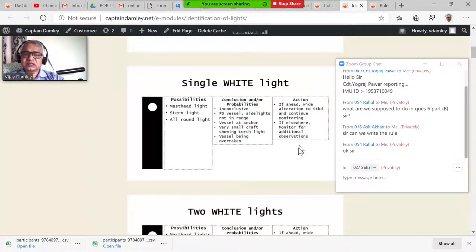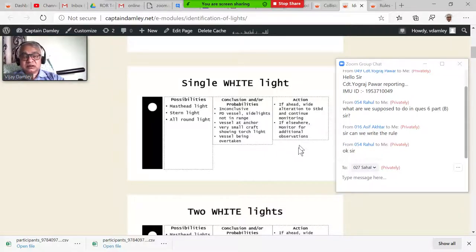You are not going to see side light colors like red or green when you are looking at stern light. With masthead light, you can see color combinations. Now these are sector lights. Then you have other lights like not under command, restricted in their ability to maneuver. Those are all-round lights. That means they are seen 360 degrees of arc.